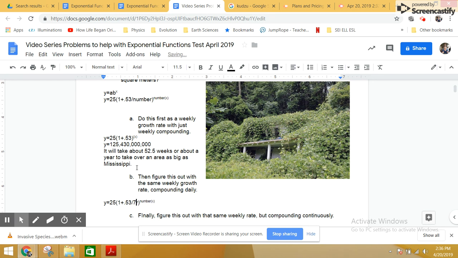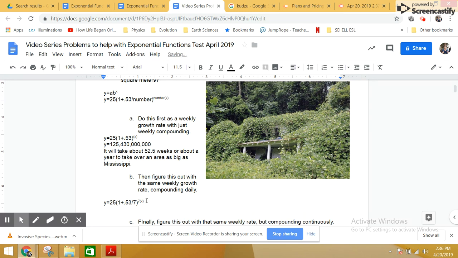So we divide that by 7, and then we go up here and we change number 7 because we split the 0.53 in 7 pieces, and then in every week, that's done 7 times because it's done each day. We take a seventh of the 0.53 and we apply it each day, 7 days in a week. So there's our basic equation.